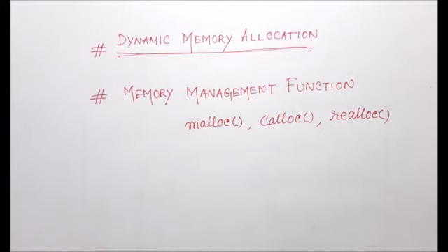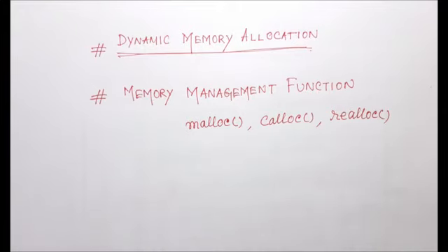In our array example, if I want to declare an array of size 50, then we have to declare int arr, the name of the array, and within the square brackets give the size of the array. So that is a static declaration. And in case of dynamic allocation, the required memory size is allocated while the program is executing.